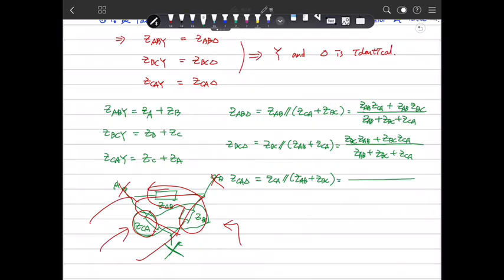The result is the same manner: GCA GAB plus GCA GBC over GAB plus GBC plus GCA.